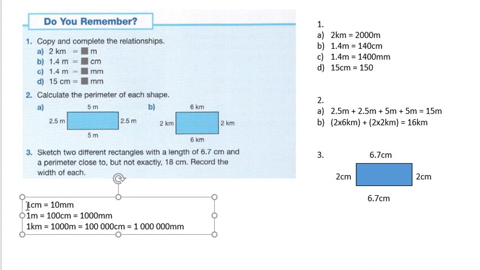So 1 centimeter is 10 millimeters. These are the same length. If you took a ruler and you measured 1 centimeter, it would be the same distance as 10 millimeters. The only difference is how we write it, but it means the exact same length.